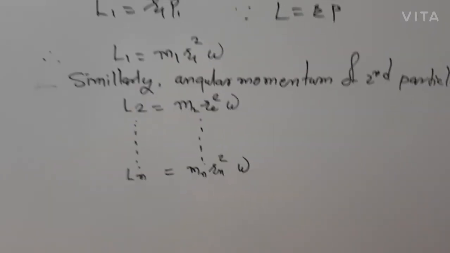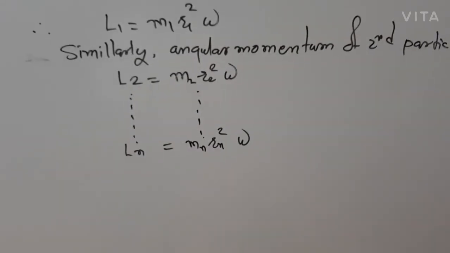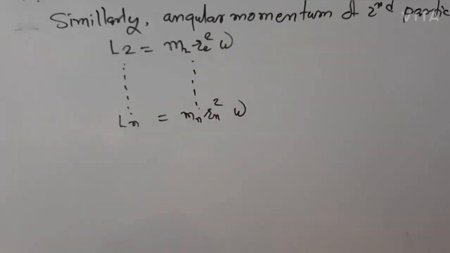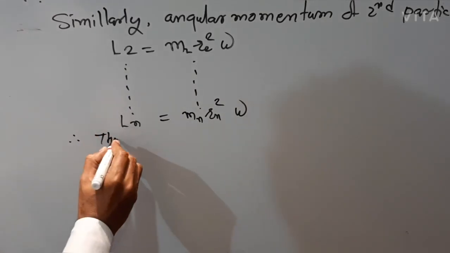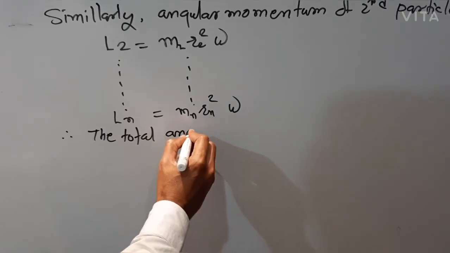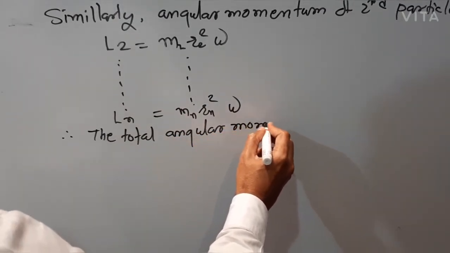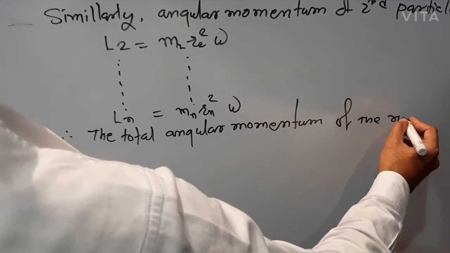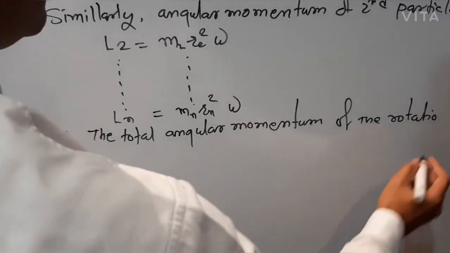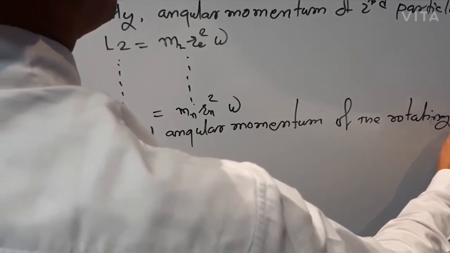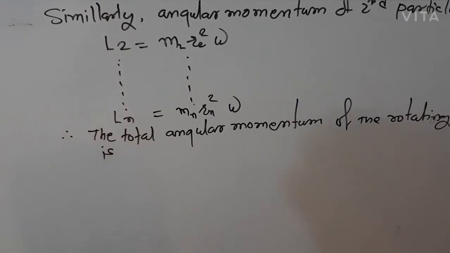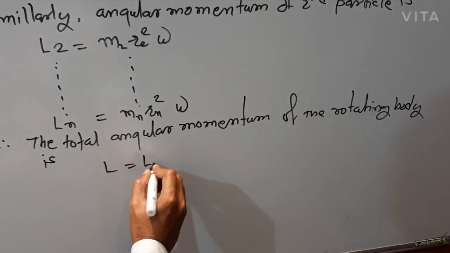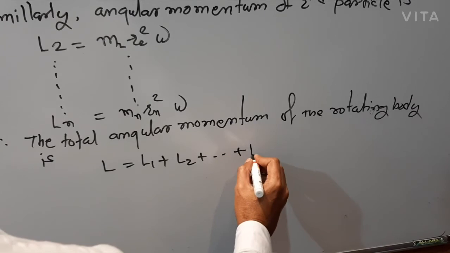Now from the first particle we calculate the angular momentum of all particles in the body, and therefore the total angular momentum of the rotating body is L is equal to L1 plus L2 plus up to plus Ln.